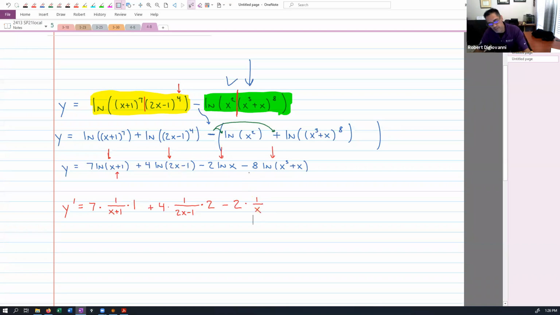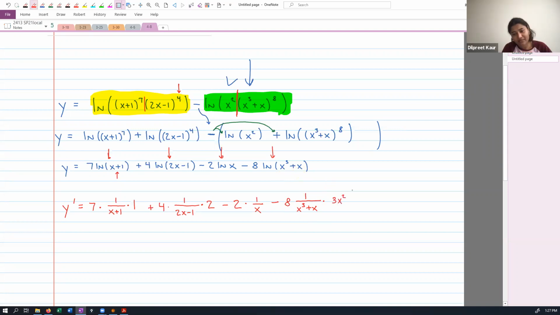And finally, minus 8. Derivative of natural log of something is 1 over that, times the derivative of what's in here. What's the derivative of what's in here? 3x squared plus 1, in parentheses, right? Okay, we're done with the derivative, but I'm going to clean it up.